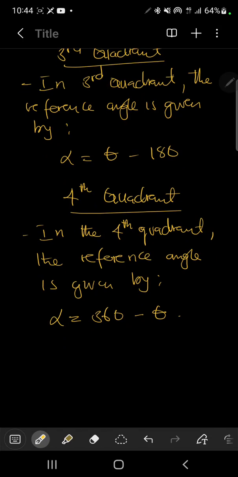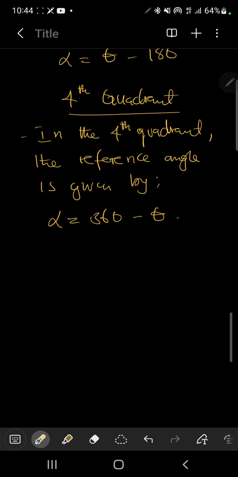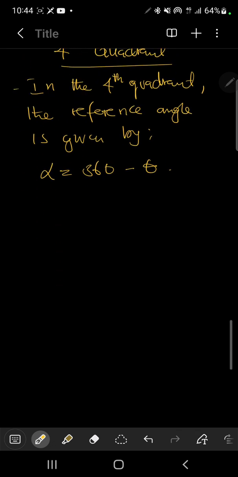Okay. Then before we look at one or two questions with regard to what we have covered, I think it is important for us to also talk about the Pythagorean identities. Let us look at what we call the Pythagorean identities.